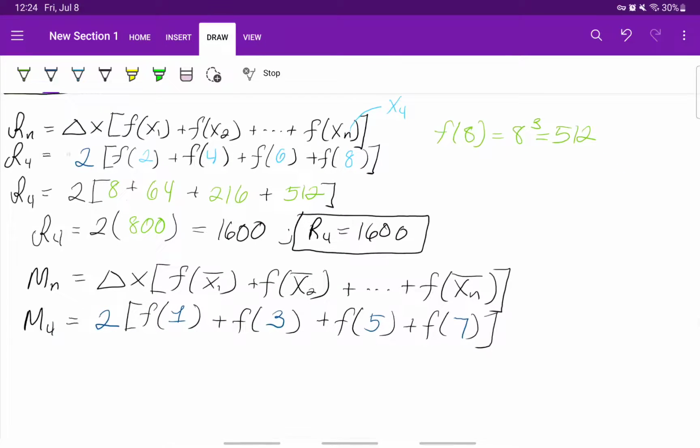And now let's calculate. So that's going to be 2 in parentheses, f of 1. If we plug 1 into our function, 1 cubed is equal to 1. F of 3. If I plug 3 into my function, 3 cubed is 27.